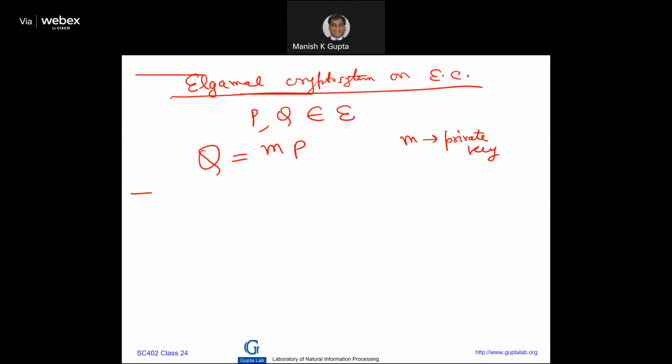Now, a small observation that I am going to tell you: when we want to store these points on computers, there is something useful. If you look at y square equals x cube plus ax plus b, and the right hand side is non-zero, you can find a way to simplify.